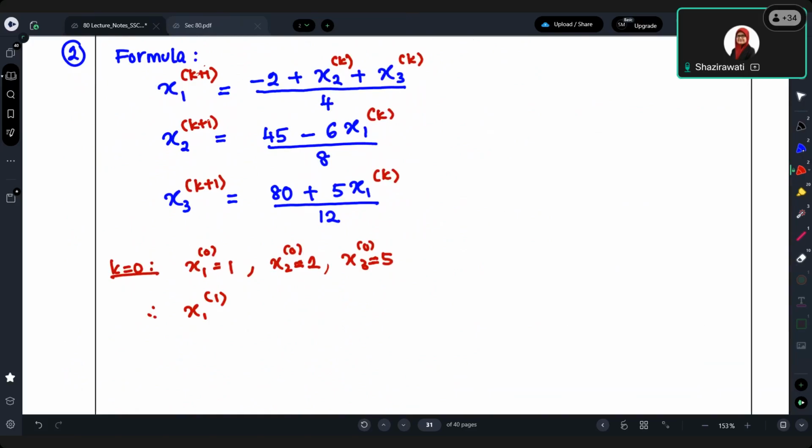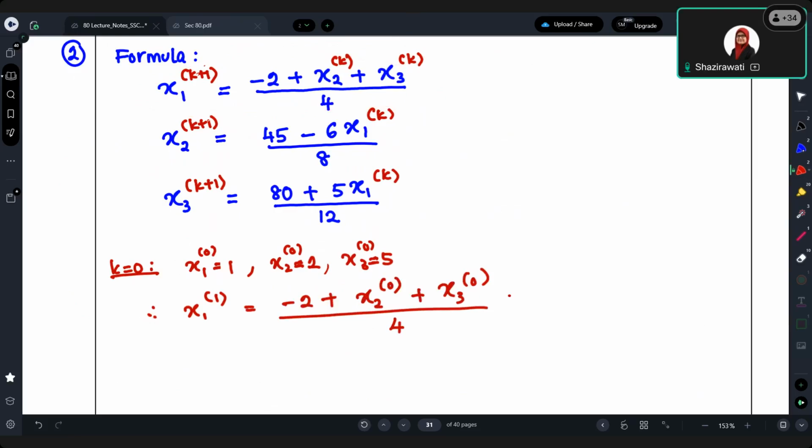So you will refer to this formula for x1. Alright, so x1 will be negative 2 plus x2, where k is 0, because we are currently at k equal to 0, plus x3, 0 over 4.